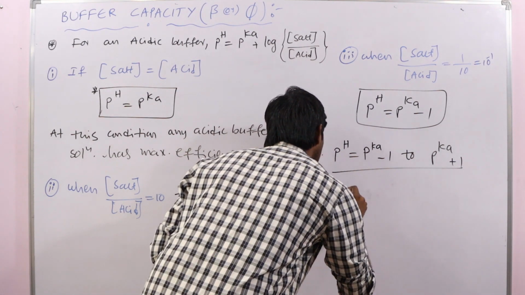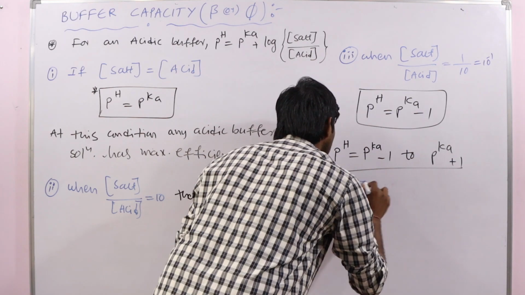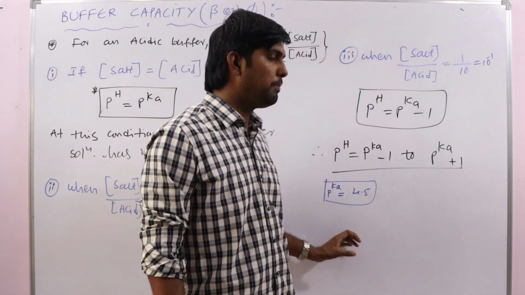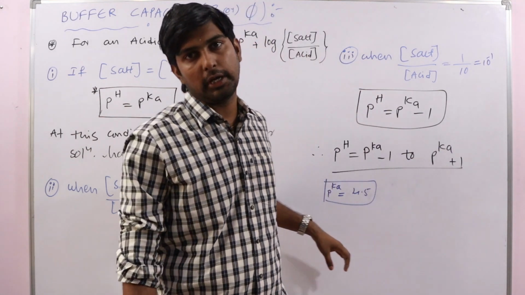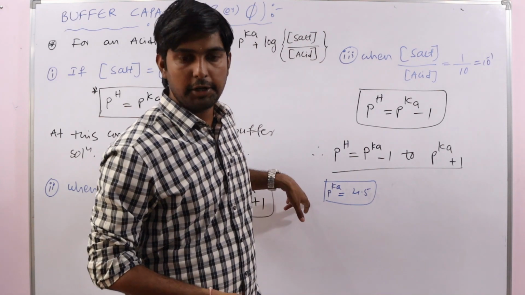For example, suppose for a particular acid pKa is equal to 4.5. Then what is the buffer range of that acid's acidic buffer solution?